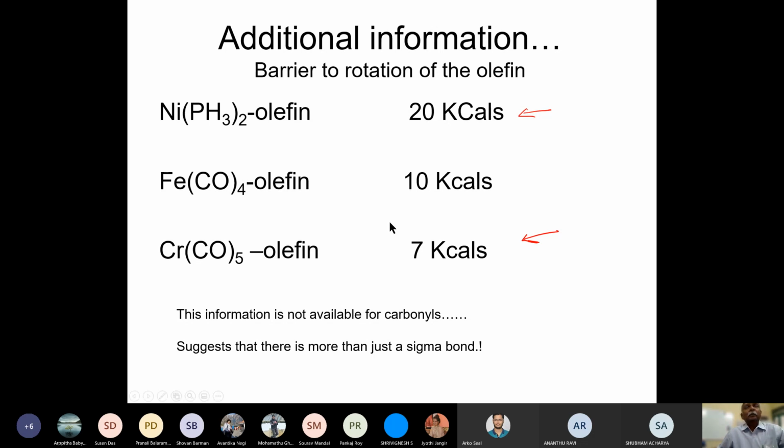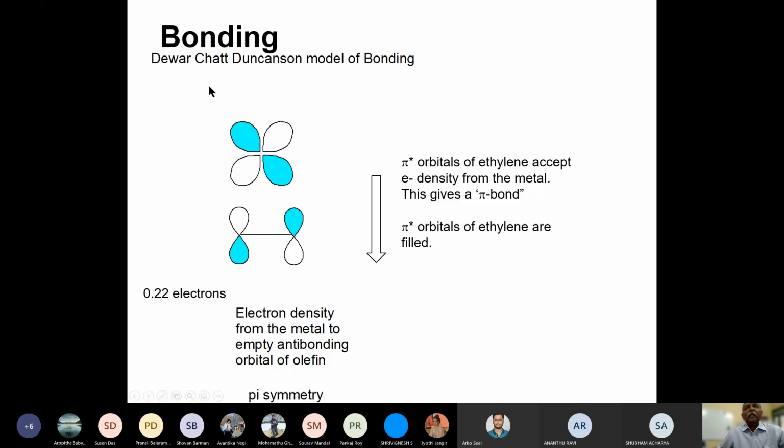So there happens to be a pi bond. Now the question is, how do we picture it? That's where the Dewar-Duncanson model comes in, and we find that there is a pi star orbital on the olefin, and this results in a pi orbital which is formed between the metal and the olefin.